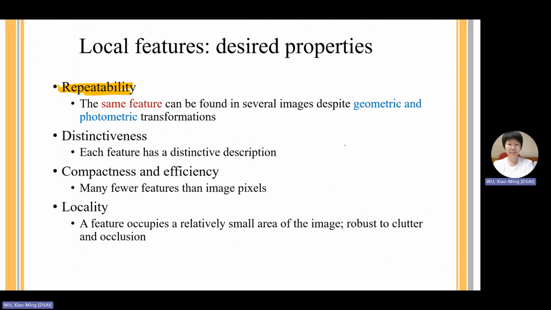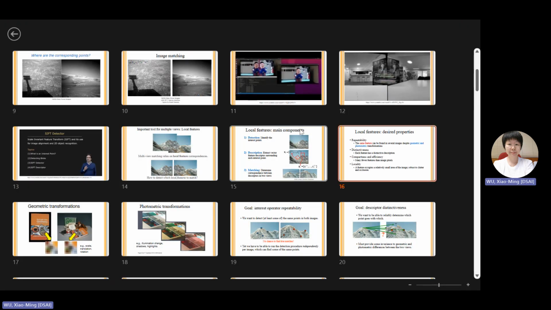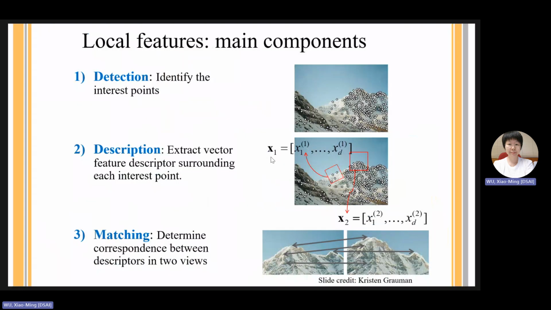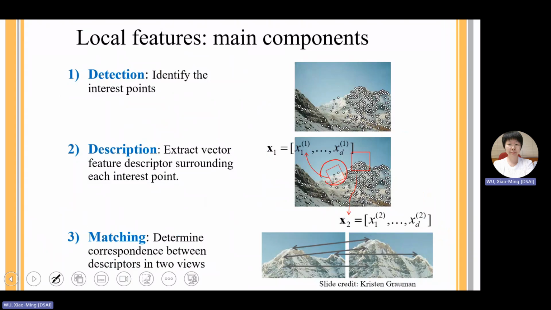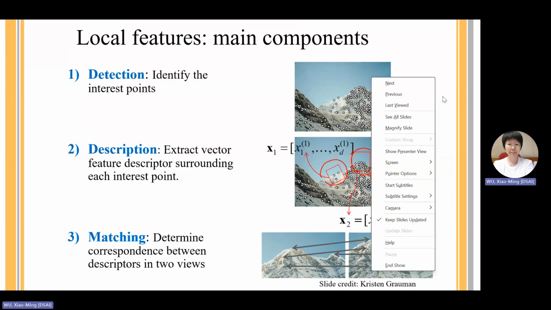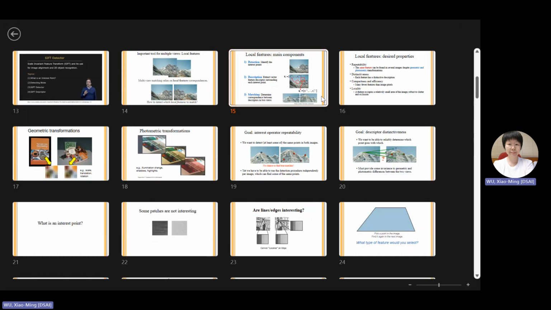The second one is that different features have different representations or descriptions. Of course, different image patches should be represented differently. Otherwise we cannot do the right match if they are represented by the same vector. So this is natural.